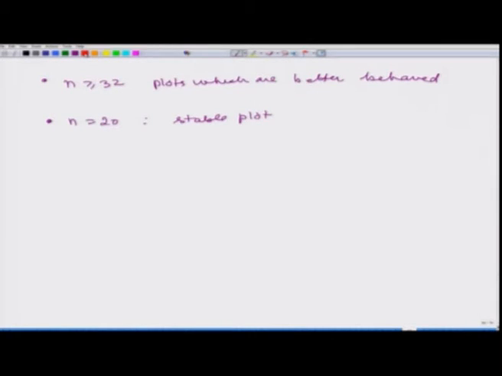Now we come to the last assumption, and we will see how to verify it. One of the basic assumptions we made is that the rank of X is equal to k. This means all x1, x2, xk are independent.